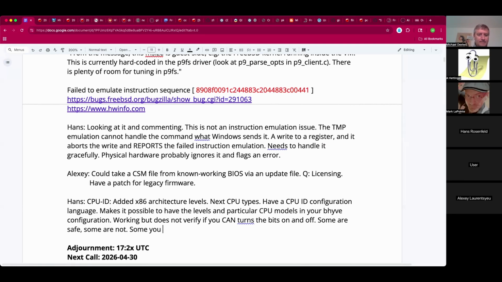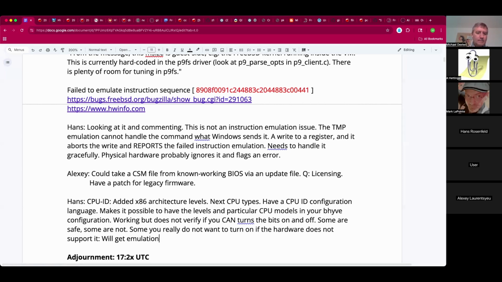Like you turn on a bit that stands for a particular instruction set, software will want to use it, and then you will have emulation failures again because you get an undefined opcode. Like if you do an AVX 512 instruction on a system that doesn't have it. So that needs to be checked at the time it's configured.